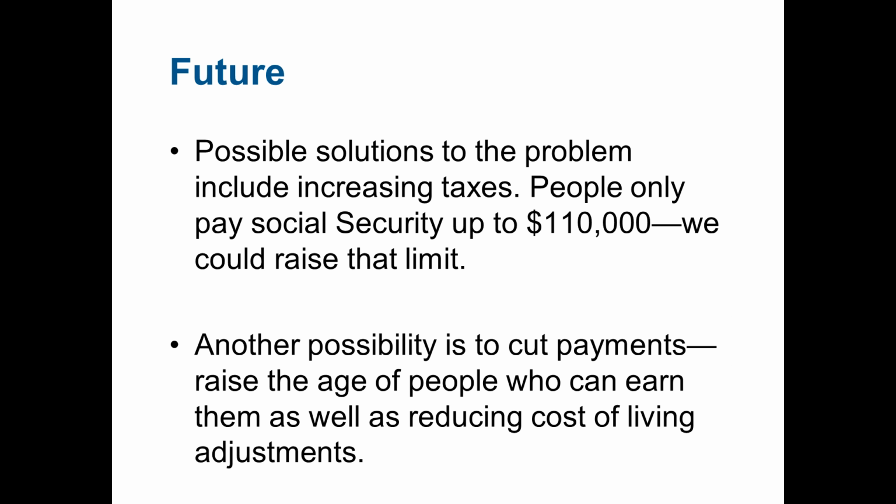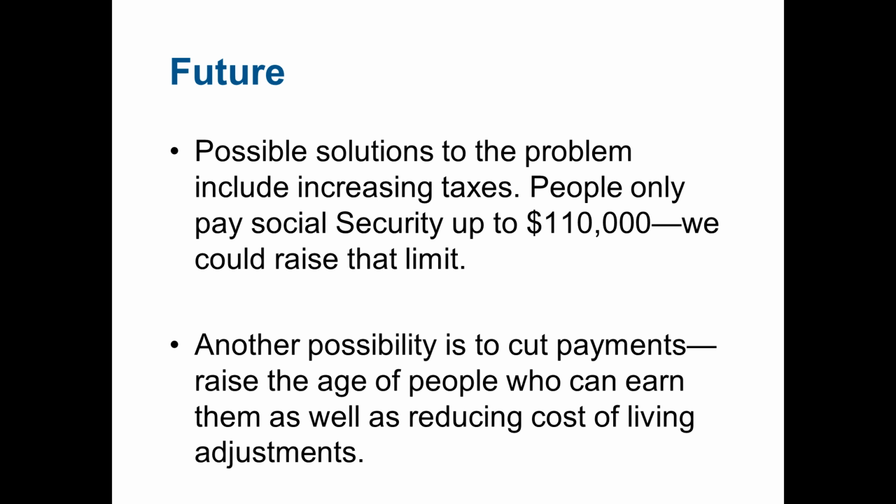And there have been a number of solutions on either side of the aisle. So one obvious potential remedy is, what if we just increase the taxes? Obviously, if you increase the payroll taxes, that brings more money into the system. There's also a cap, actually, on current taxation.